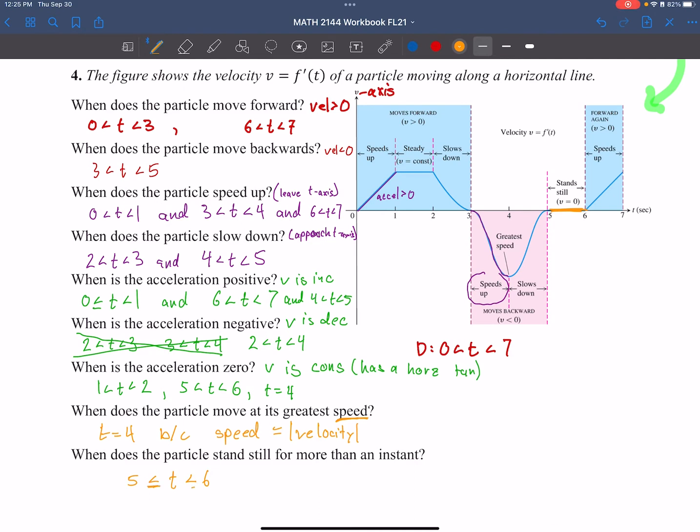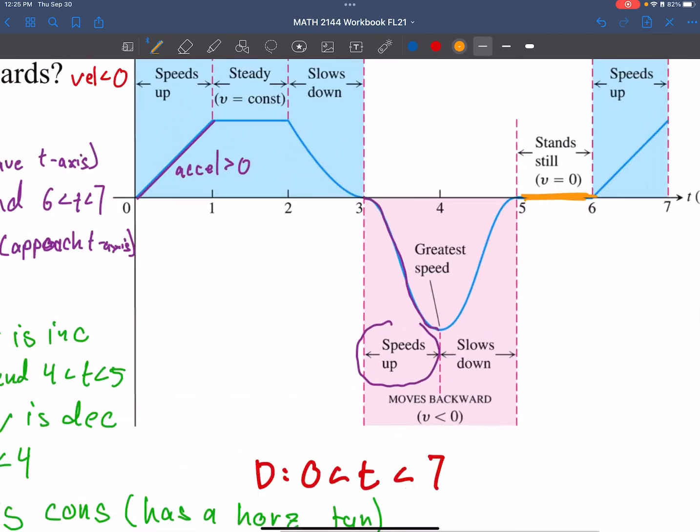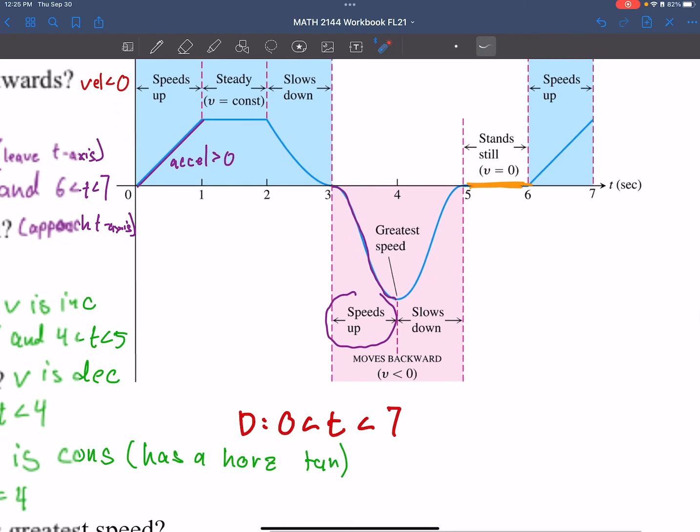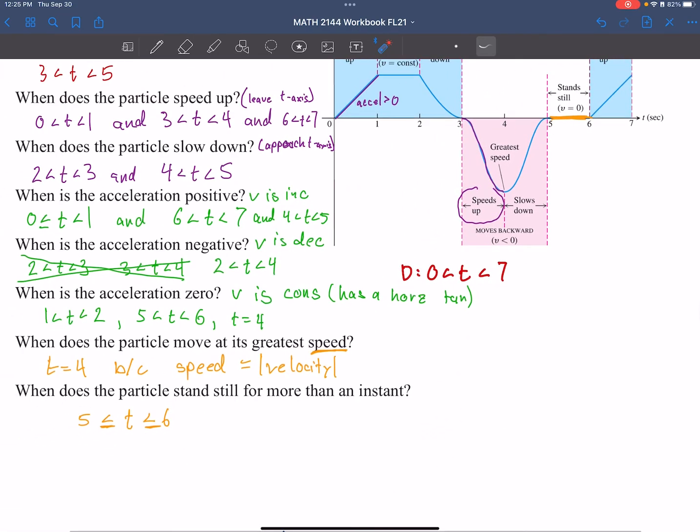Why is that? The moment you hit this right here, it had stopped moving. At time equal to 5, it has stopped moving. It's not like it was just passing through. That's why we said more than an instant. If it was just an instant right here, it did have to briefly stop for a moment to turn around. But you can see that's where it stands still for more than an instant.